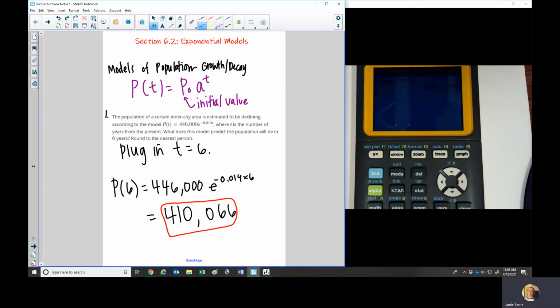So again, that is how I was able to identify that 446,000 was my initial value for my population. And then A here is called the growth rate.